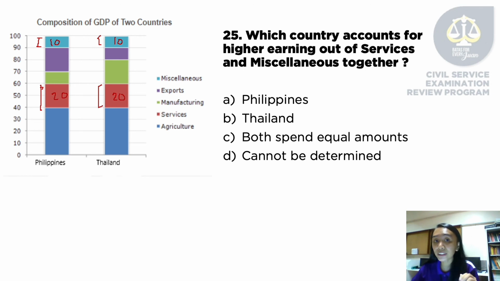Wala pong sinabi dun sa question kung ilan yung GDP ni Thailand at saka ni Philippines. So hindi natin alam kung ano yung mas mataas na earning. So the correct answer is it cannot be determined, because we don't have the data for the total GDP for both countries. Okay, so that would be our final question in this module.